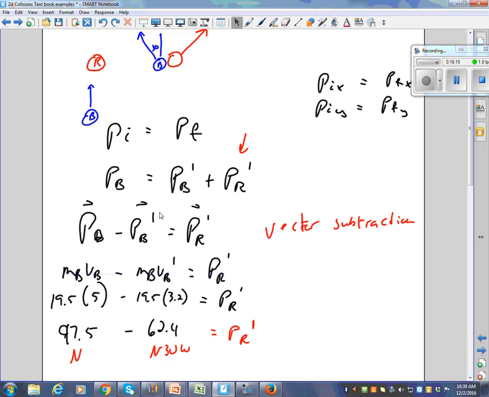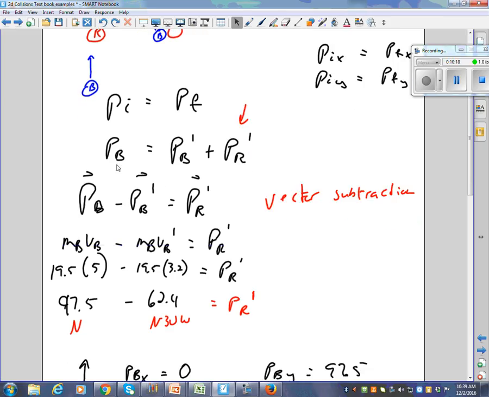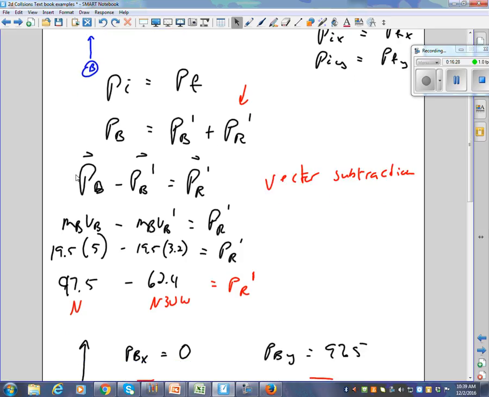The initial momentum is made up of only the blue stone, and the final momentum is made up of the blue stone plus the red stone. Then I realized I could do vector subtraction here. So I took the PB prime to the other side, and I got that PR prime, the red stone's momentum after collision, is equal to the momentum of the blue stone minus the momentum of the blue stone after.